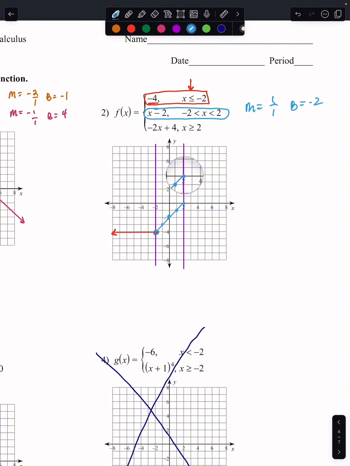And finally, let's do the -2x plus 4. Let's do that one in, let's say, green. M is -2 over 1. B is +4. I got to go down 2 to the right 1, down 2 to the right 1, down 2 to the right 1, down 2 to the right 1.